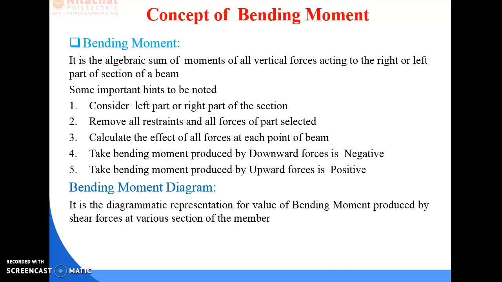There are two kinds of forces, upward forces and downward forces. The bending moment caused by upward forces is taken as positive, while the bending moment produced by downward forces is taken as negative.